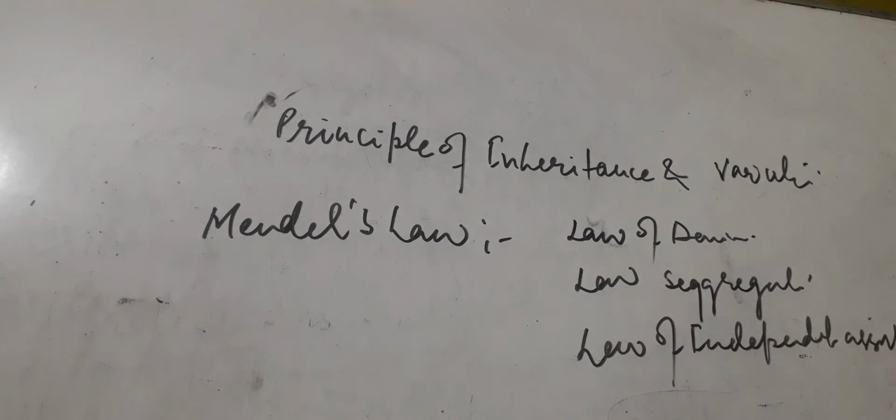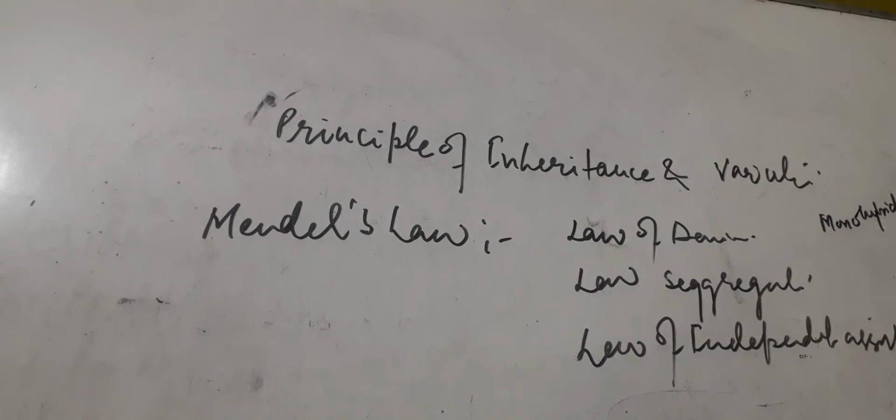Okay. In the law of dominance, you know that it is a monohybrid cross. Monohybrid cross means one pair of contrasting characters are crossed to each other. In monohybrid cross, the law of dominance is proved by Mendel.